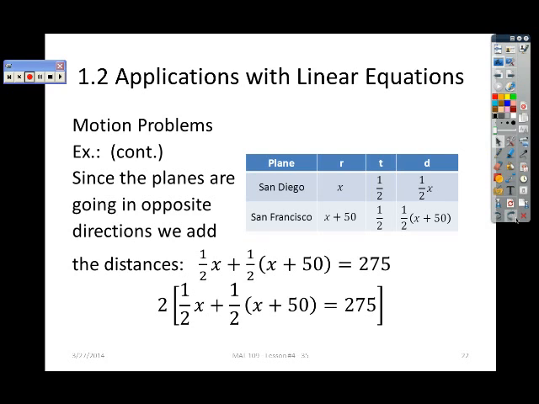The first table, we rearranged it to get time equals distance divided by rate. In this one, we use it as distance equals rate times time, or rate times time equals distance. We knew these two. We got that one by multiplying that times that, straight across the row.